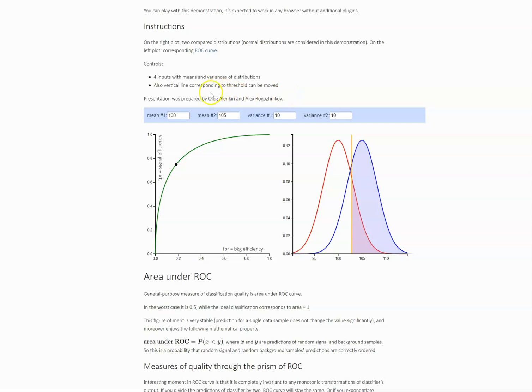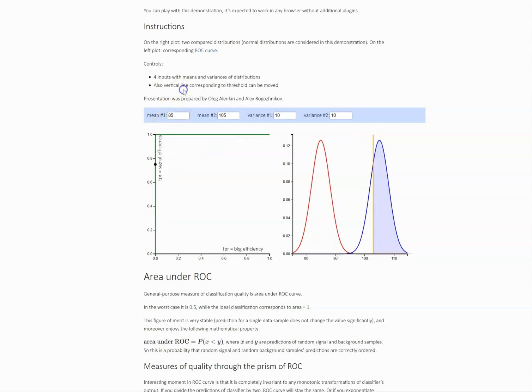So I've just made up numbers here. These are probably not accurate, but let's say the healthy population has a mean of 85, they have a variance of 10, and the diseased population has an average blood glucose value of 105.